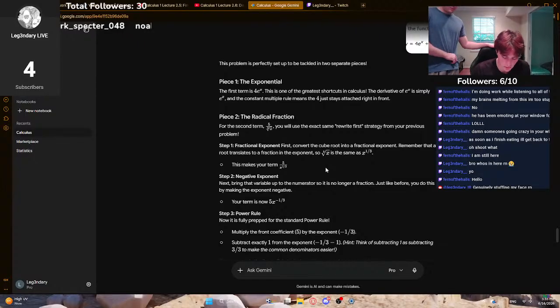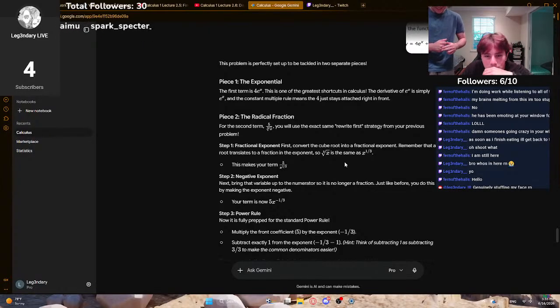Power rule. So derivative of the first minus... Math major, by the way. Multiply the front coefficient by 5. You take the derivative with respect to x.